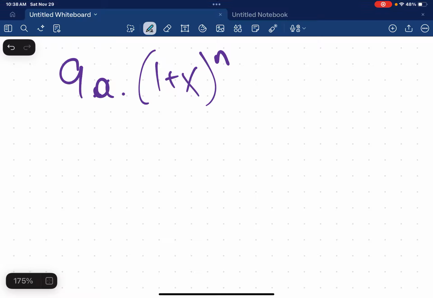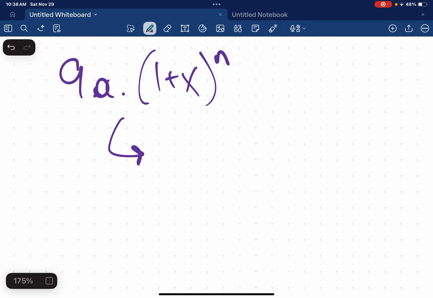Let me reread this. All these notes that I'm looking off of are from last year, a while ago. Find the value of the following by choosing an appropriate value for x in the expansion. Oh, it's giving us the binomial expansion.